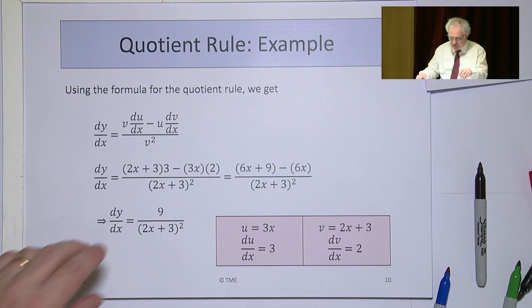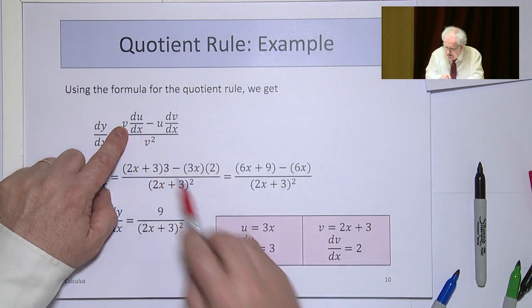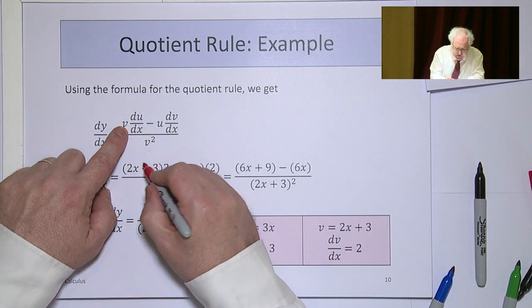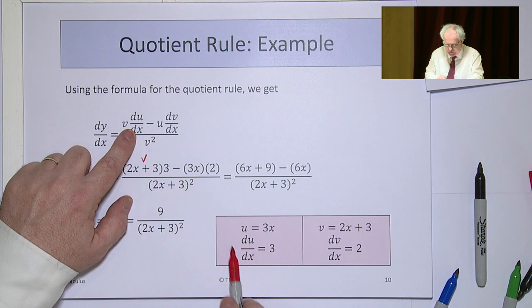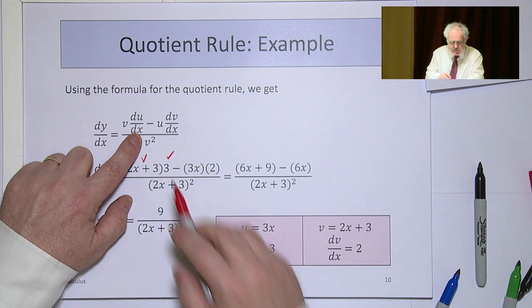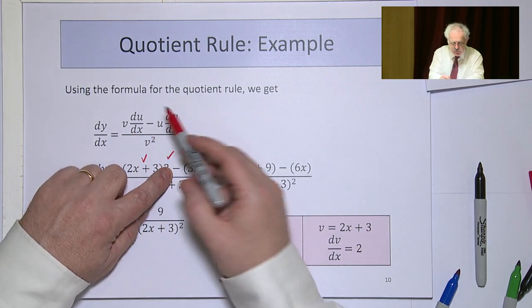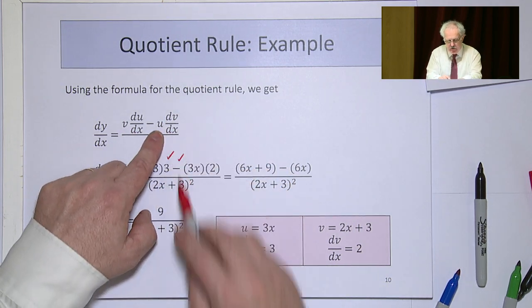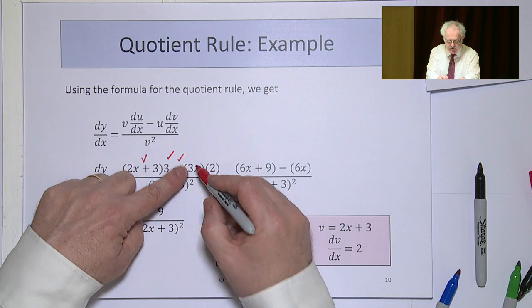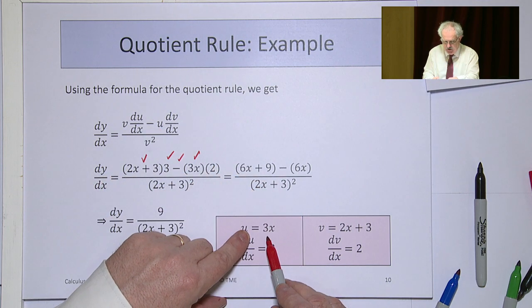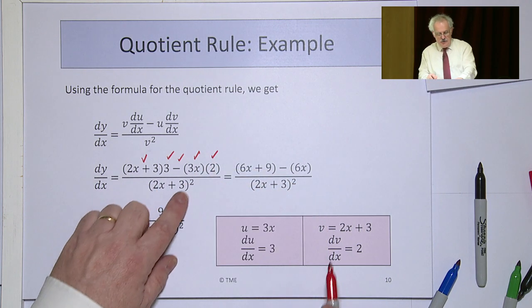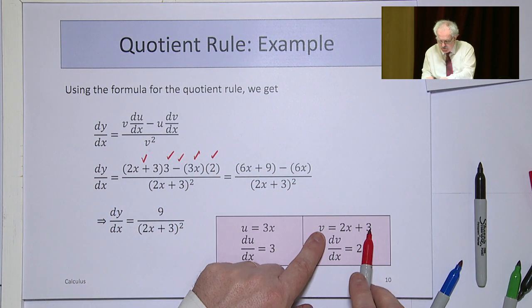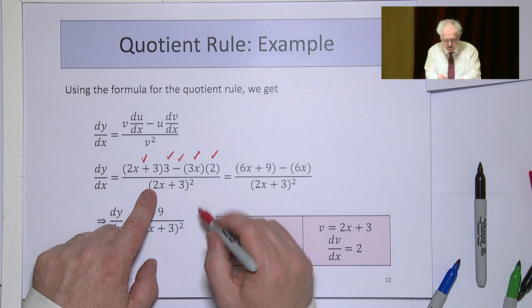One at a time, and I say, okay, step by step. The v is 2x plus 3, so that's the v. Times du dx, that's 3, so that's 3 times there, because it's v times du dx. There's a minus then, that's the minus. u is 3x, so that's the 3x, and dv dx is 2. On the bottom, I've got v squared, so v is 2x plus 3, and that's to be squared.